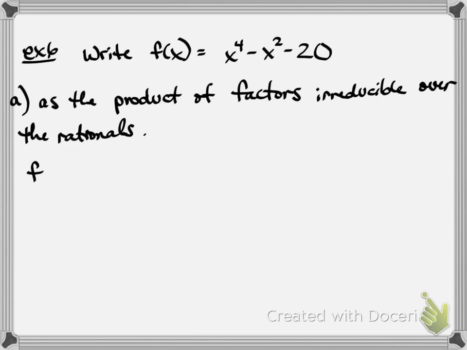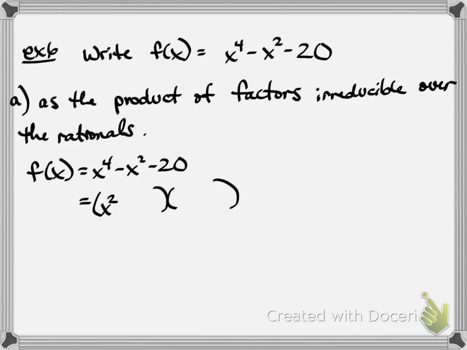Alrighty, so when we look at this function, it's quadratic-like, so I'm going to be able to factor it with x squareds. Put my negative 20 at the top and put my negative 1 at the bottom. Factors of 20 are 4 and 5, and they subtract to give us a 1. We just want to make that 5 negative. x squared plus 4, x squared minus 5.